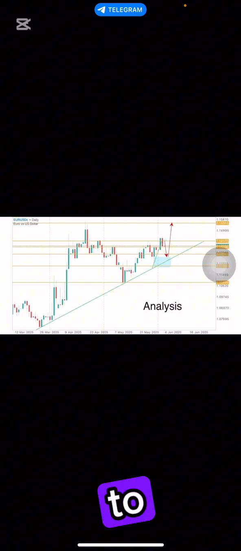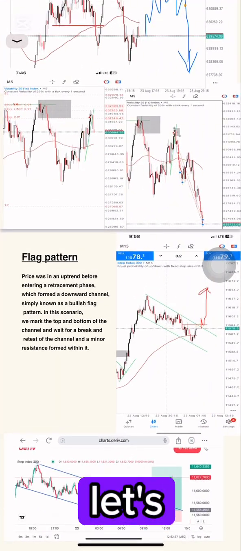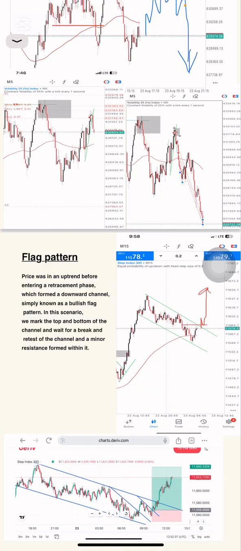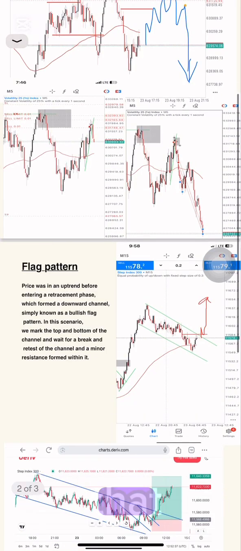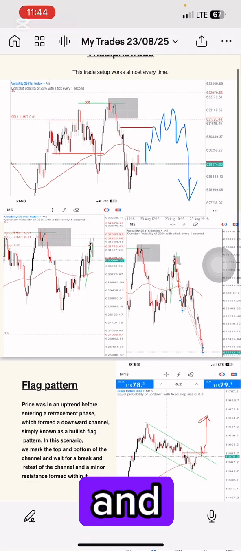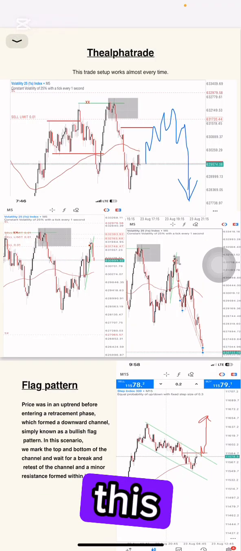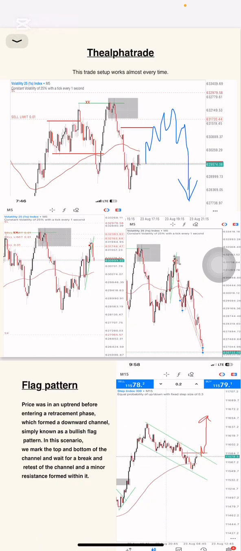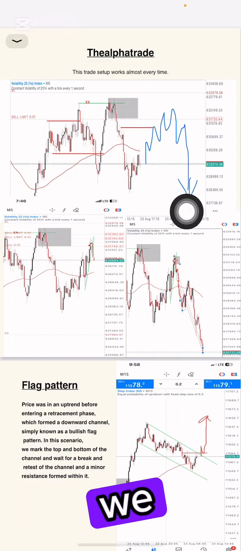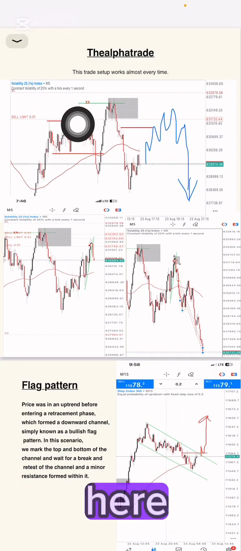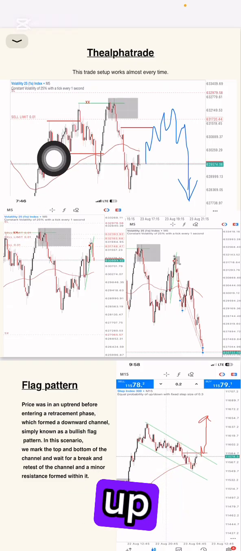Meanwhile, I want to show you guys these three trades, and let's study the patterns that we used and why it worked. So here, this is the one that is based on liquidity, and as you can see, very obviously, we had price pushing upwards here. This was an uptrend.